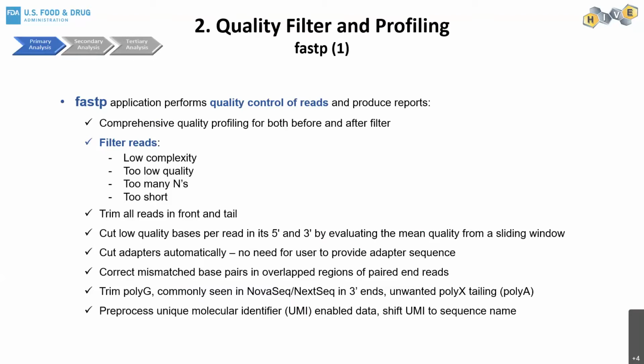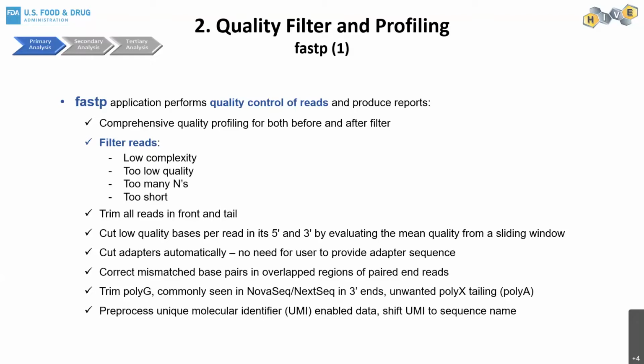We can trim from the front or the tail of the reads, cut low quality bases, remove adapters, correct some mismatches based on the overlap regions of the paired reads, trim poly G, poly A from noise from the machines, from the instruments.